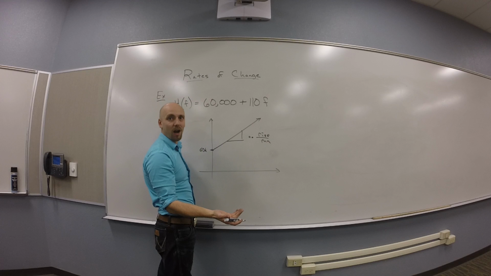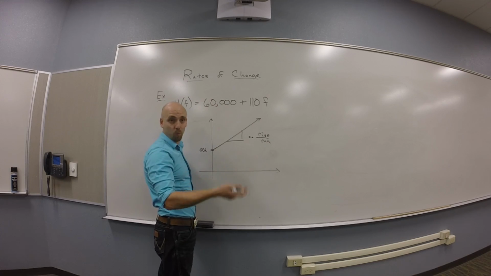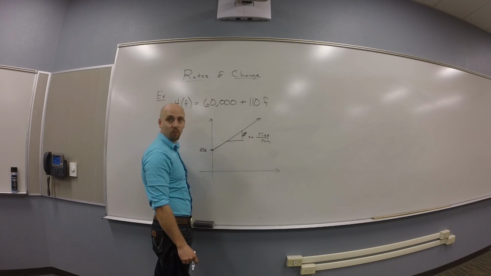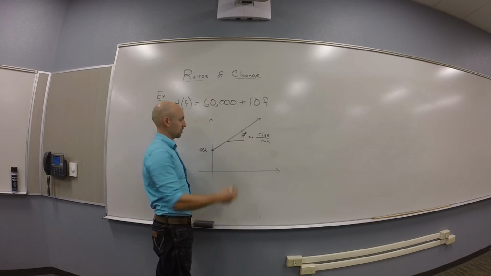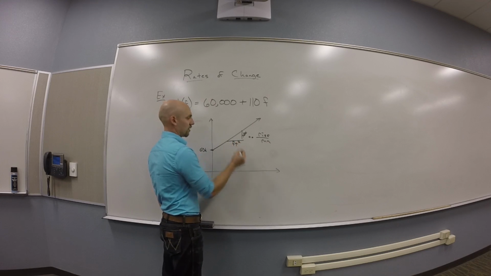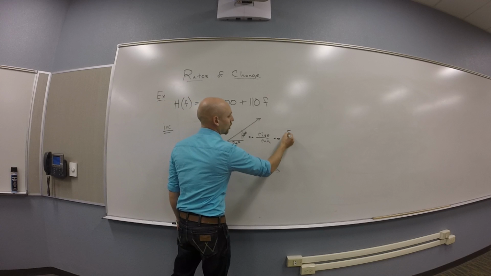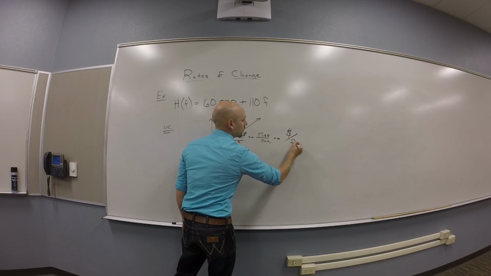What are the units on rise? Money, right? That's Y things. So that's going to be talking about dollars. What's a run thing here? Square footage. Square feet. So the slope's units are going to be in dollars per square foot.